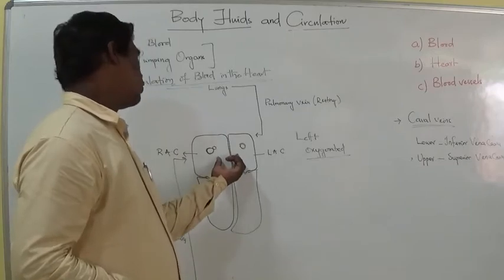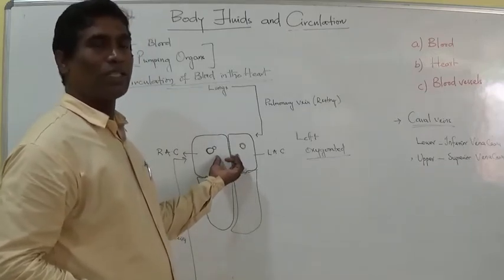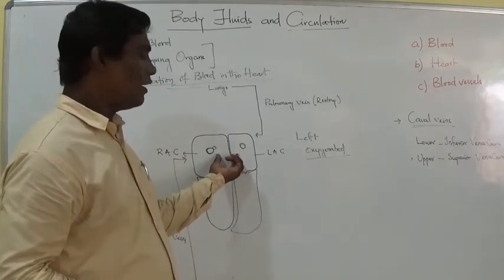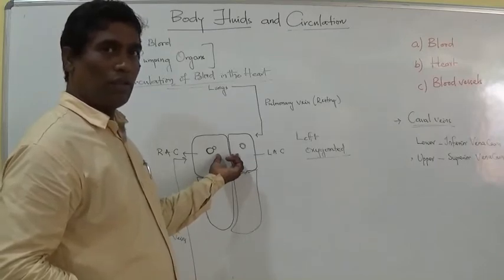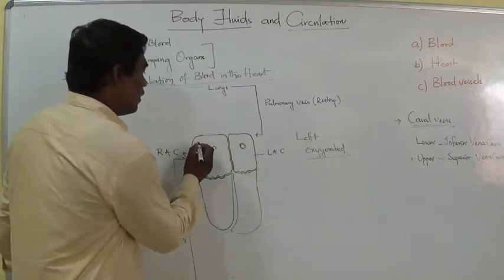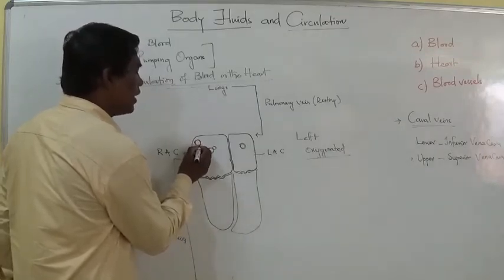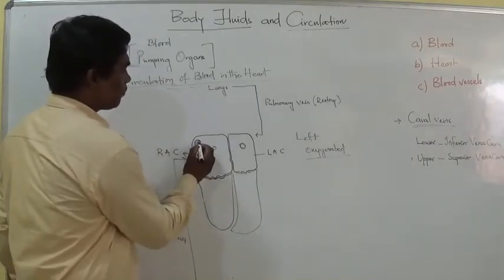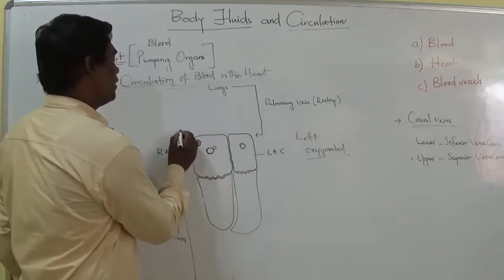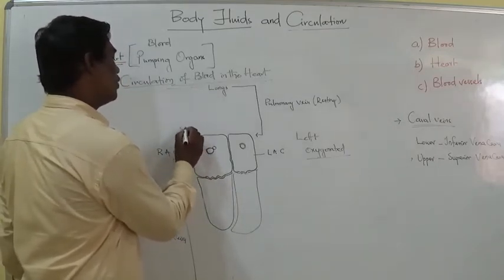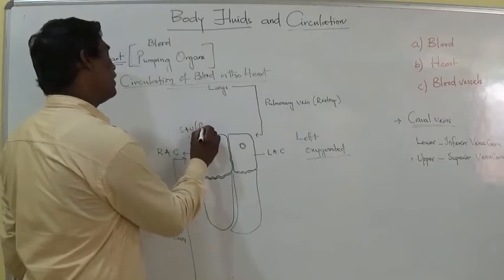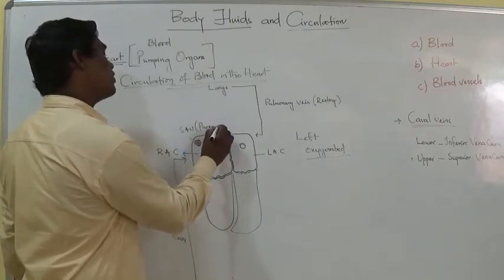Once these two upper receiving chambers, the auricular chambers, get filled up, the nodal tissue that is present at the right side of the right auricular chamber, which is usually called SAN, sinoauricular node, or also called the pacemaker, acts. Why is it called a pacemaker?